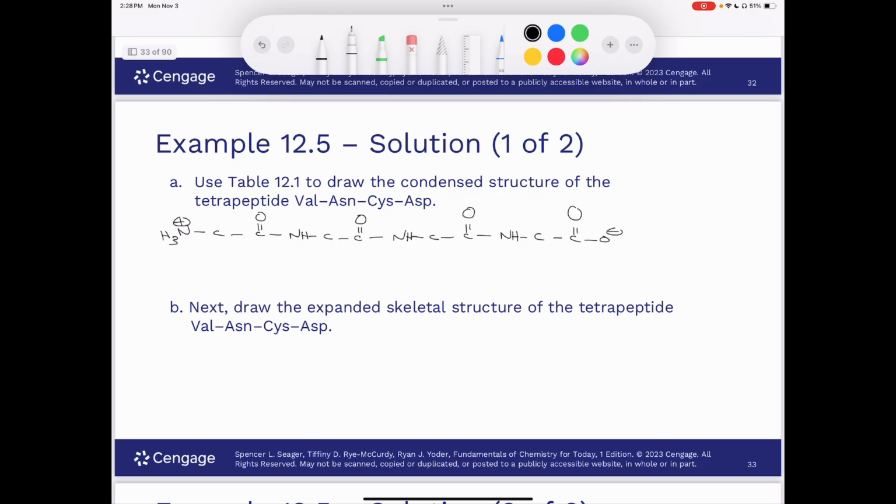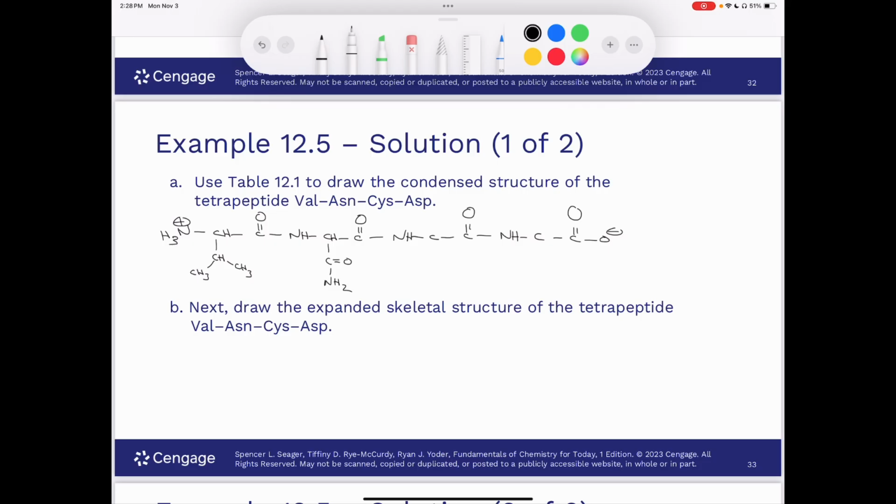And we have our four alpha carbons. So on the first one, we're going to put in our valine. So we need one hydrogen here. And remember, a valine just has an isopropyl group, like that. The next one is asparagine. And so for asparagine, we need a carbonyl and an NH2. It's what we call a primary amine.